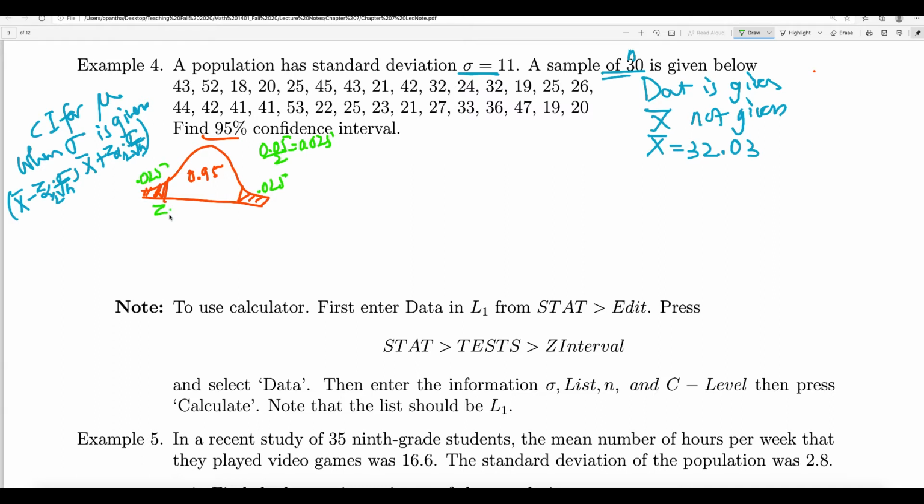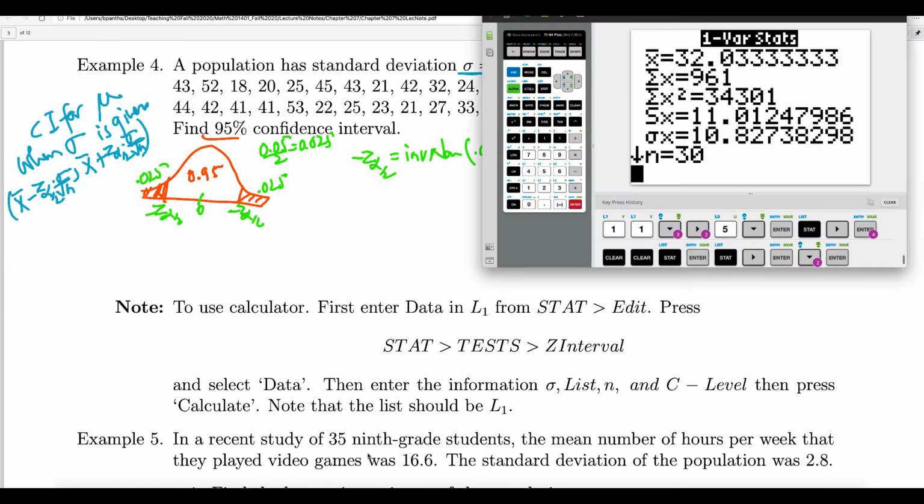Now we need to find z alpha half and negative z alpha half, with 0 in the middle. How do I find negative z alpha half? We need to use inverse norm, where the area to the left is 0.025. Let us use the calculator.